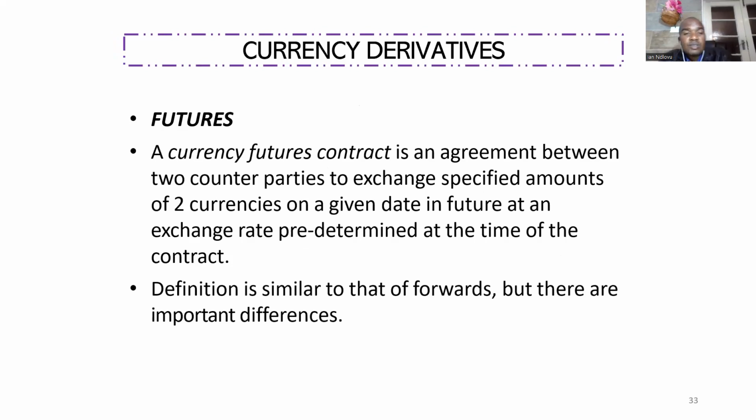A currency futures contract is an agreement between two counterparties to exchange specified amounts of two currencies on a given date in future at an exchange rate predetermined at the time of the contract. If you look at the definition, it's akin to that of a forward, but the important differences are as follows.